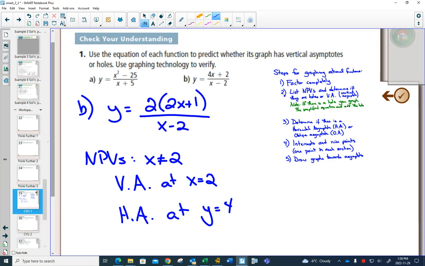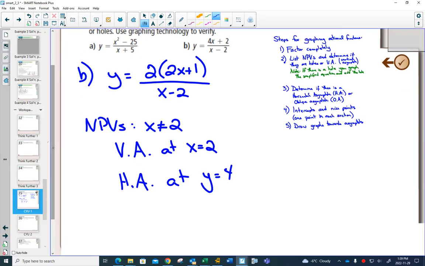Step 3 is done. Step 4, it says, do all of your intercepts and any other nice points. And it says 1 point in each section. So I'll explain what that means right now. If we start graphing this, we could draw our asymptotes on it.